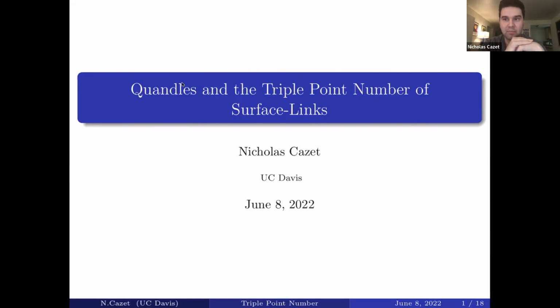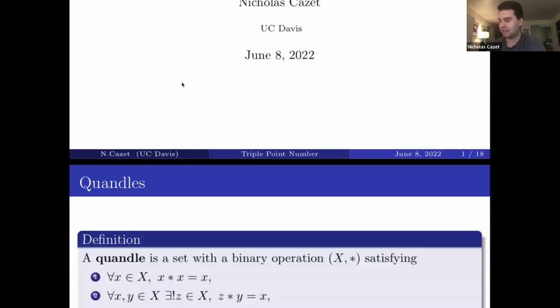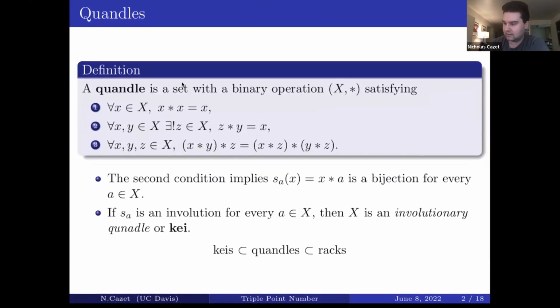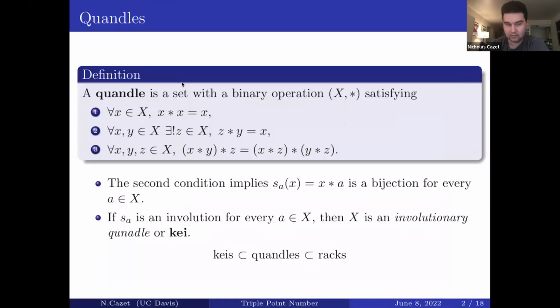And one of the primary tools that I've used is quandles. So to just say what a quandle is first, a quandle is this algebraic set that has this operation, and it looks terrible.